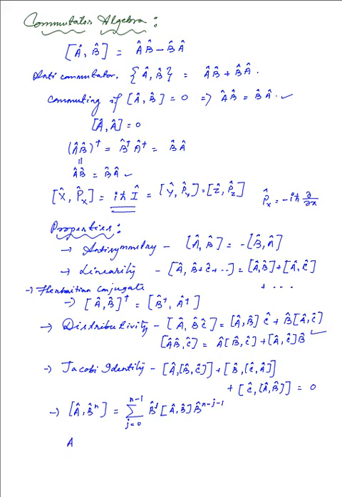Conversely, if we have A raised to the power n with B, then it is the other way around. We take the summation in the same manner, that is from 0 to n minus 1. Here we'll be taking A to the n minus j minus 1, following it with the commutator of AB, and then we have A raised to the power j.